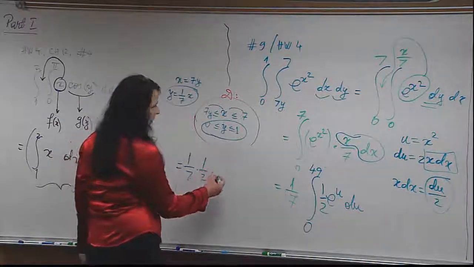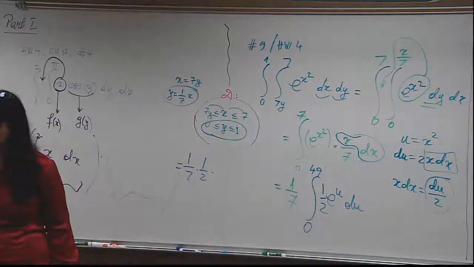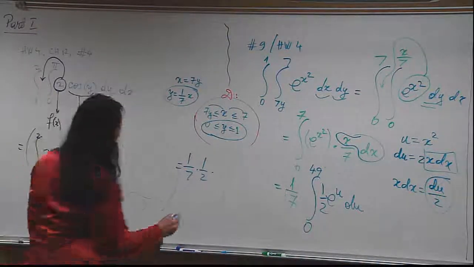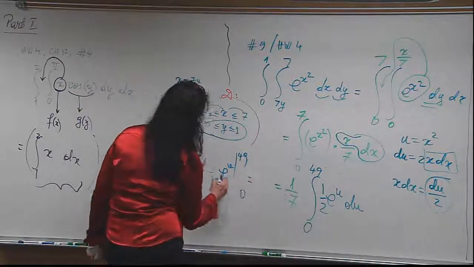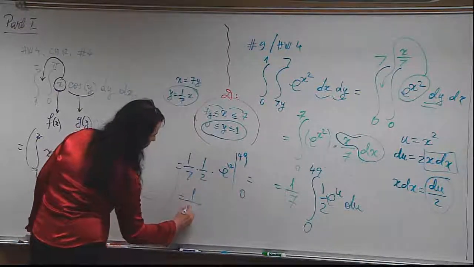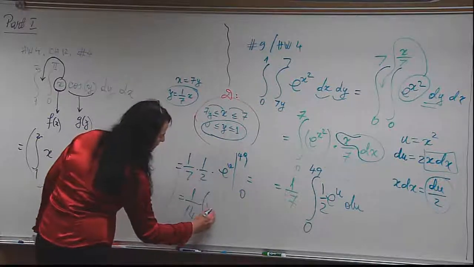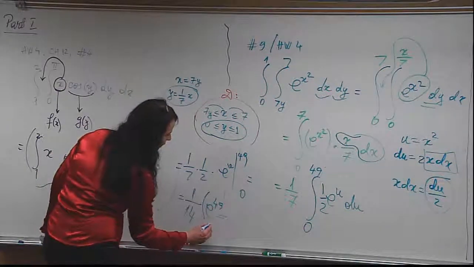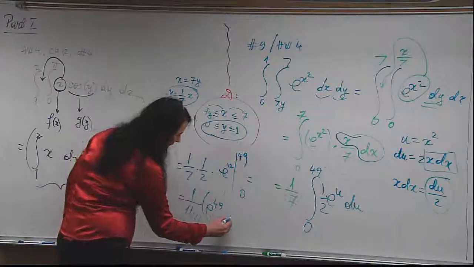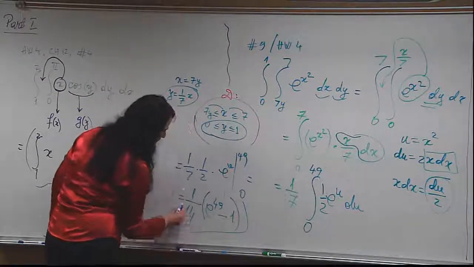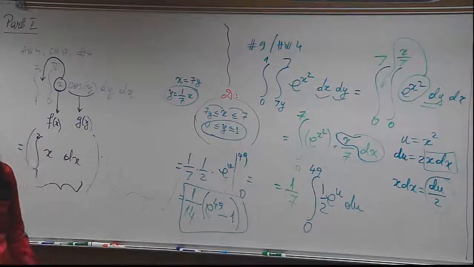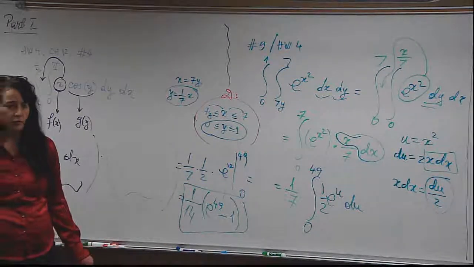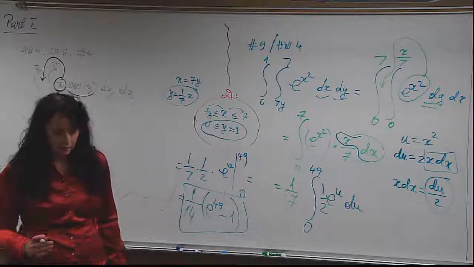E to the u between 49 and 0. So I have 1 over 14 parentheses e to the 49 minus e to the 0, that's a piece of cake, 1. Okay, so presumably if you answer that in WeBWorK, this is the precise answer. If I did it correctly, you would get the right answer.